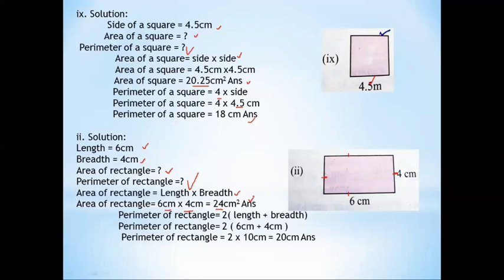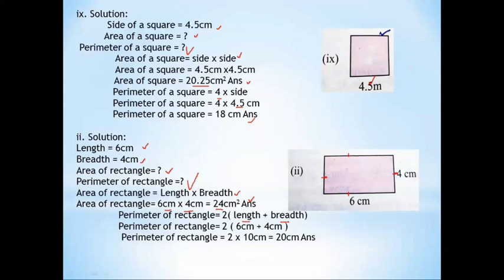Dear student, now we have to find the perimeter. It means 2 times length, length plus length, then 2 times breadth, breadth plus breadth. So that's why I have written the formula with 2 taken common: 2 bracket length plus breadth. Here I go.